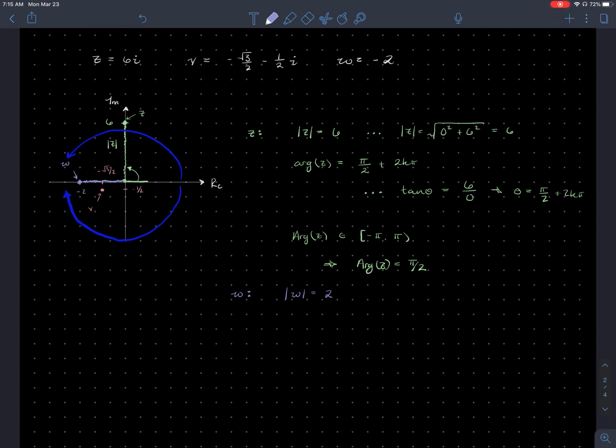It's just the length, or the distance, from 0 to that complex number. We know our arguments of w are going to be pi plus 2k pi, right? Because we can rotate all the way around from our positive real axis to our negative real axis in order to land on that line.